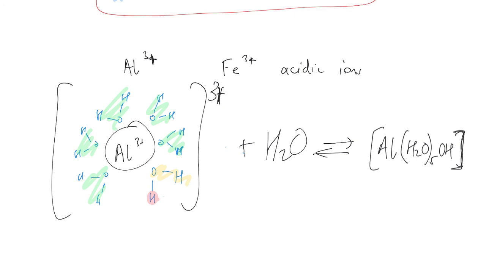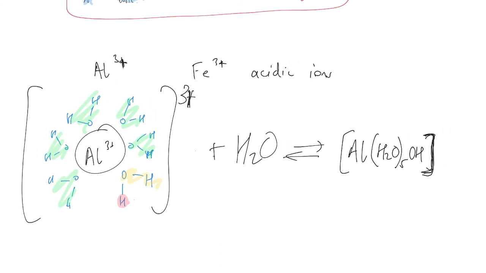And what do you think its charge is going to be? It's lost a hydrogen here, and it was originally 3+. So what do you think its charge is going to be? 2+. Good. Because it's lost the hydrogen, it's going to have 1 less positive charge. If you're wondering what this one is written as, it's Al bracket H2O bracket 6 in square brackets 3+, and also forming H3O+ to make it acidic.